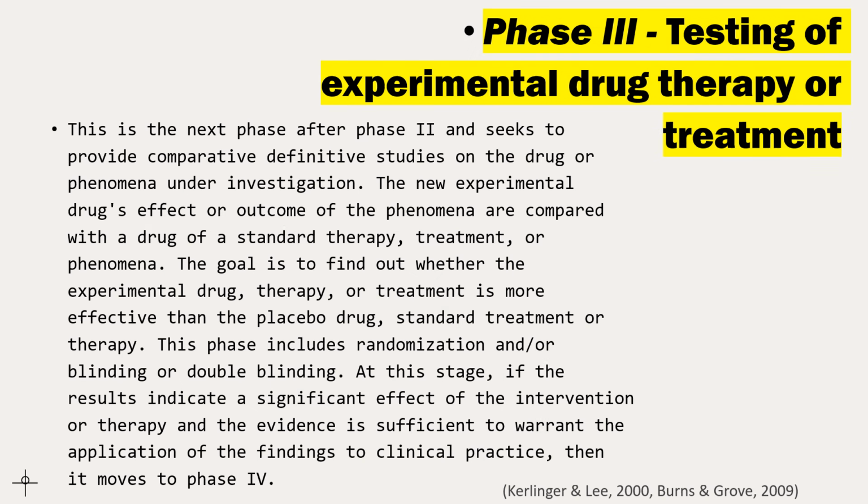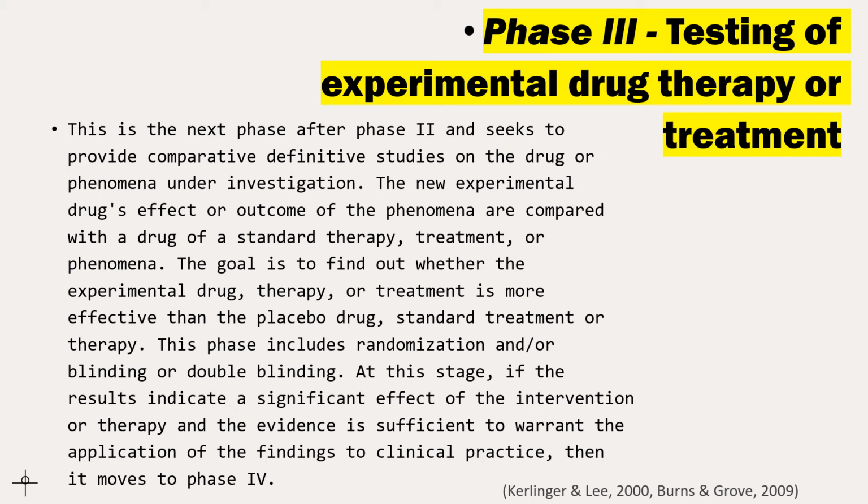So we go on further to look at phase 3. This phase follows phase 2, and it seeks to provide comparative, definitive studies on the drug or phenomena under investigation. So here is when we look at the comparison between both the treatment and the control group.